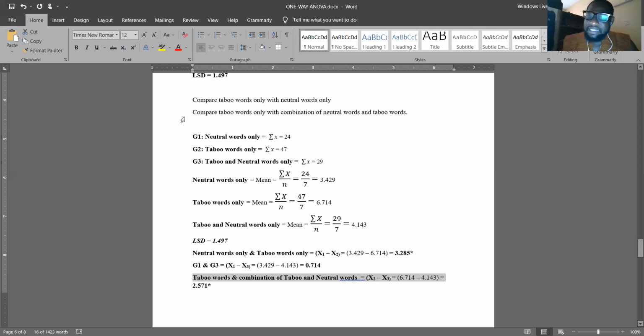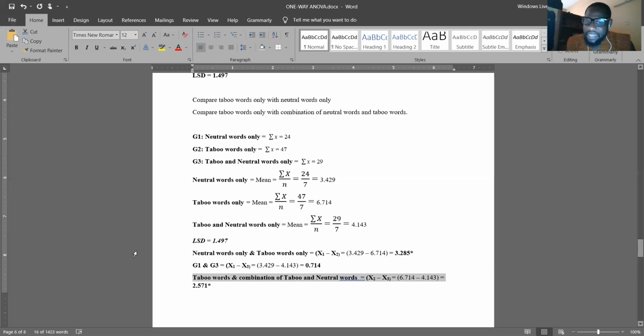So the researchers' hypothesis has been satisfied because they hypothesized that participants in taboo words only will commit more errors than participants in group one, which is neutral words only, and group three, which is participants in combination of neutral words and taboo words.